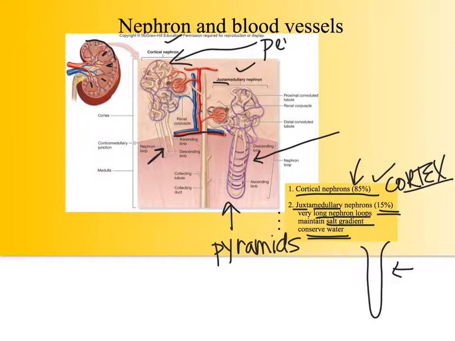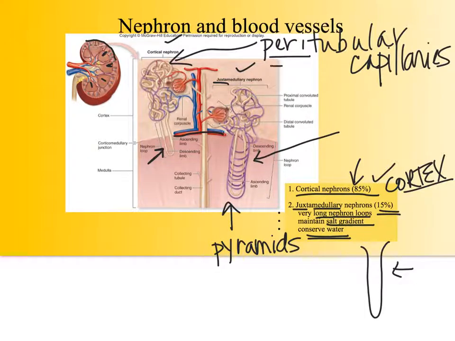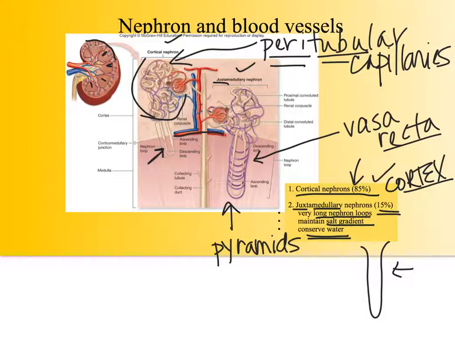These are peritubular capillaries, so they're around the tubes. That makes sense, right? And then down here, these ones that are straight and wrapped around are called vasa recta. Vasa is like vessel, and rectus is straight. So vasa recta are the straight ones flowing down here.